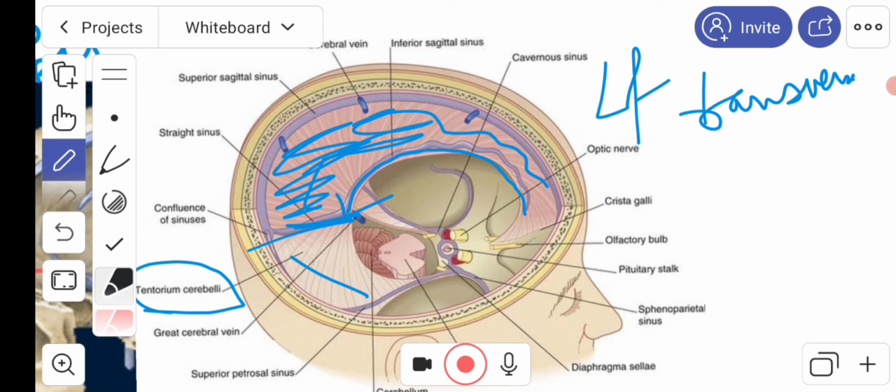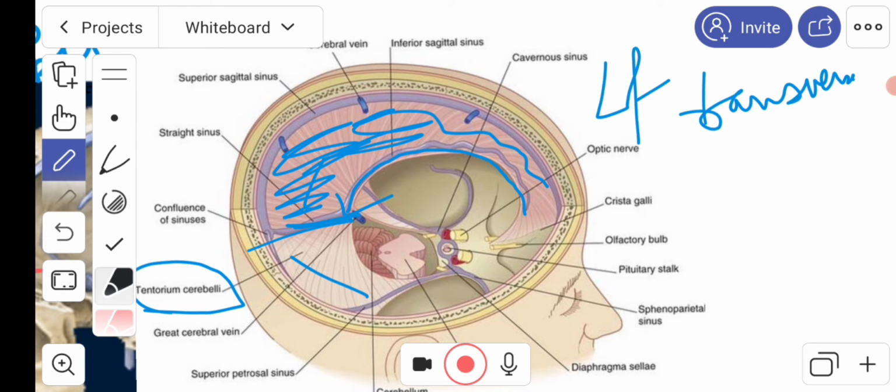Now the tributaries of the straight sinus are the inferior sagittal sinus and the superior cerebellar veins, because below the tentorium we have the cerebellum, and above the tentorium we have the cerebrum.